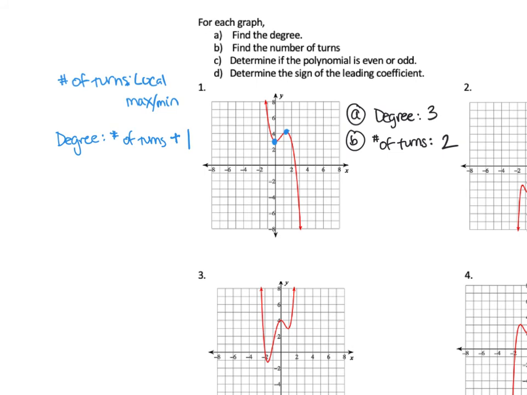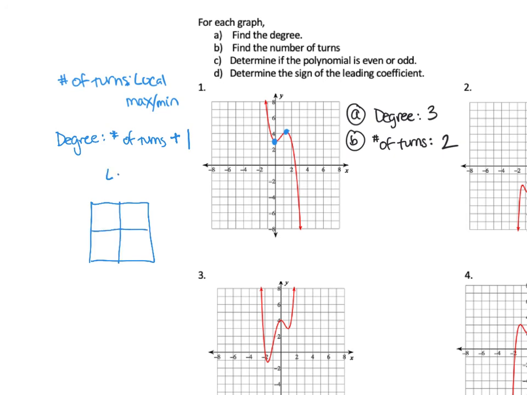There you have it. Now, for the last 2 questions, determine if the polynomial is even or odd, and determine the sign of the leading coefficient, we're going to be using our box for that. So I'm going to really quickly redraw that box that was above.